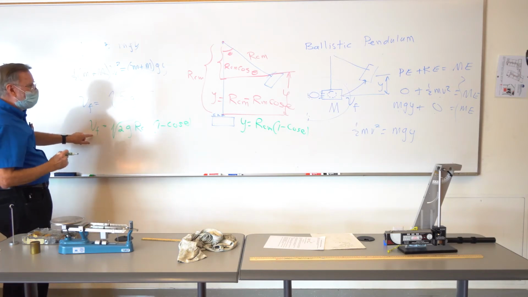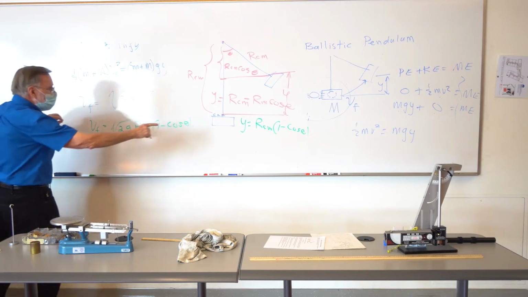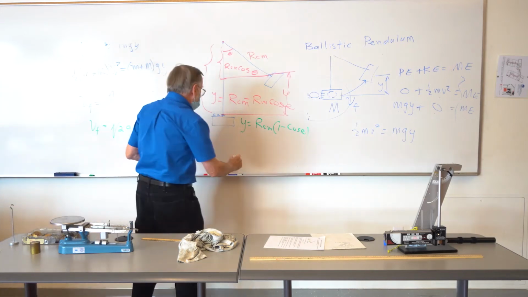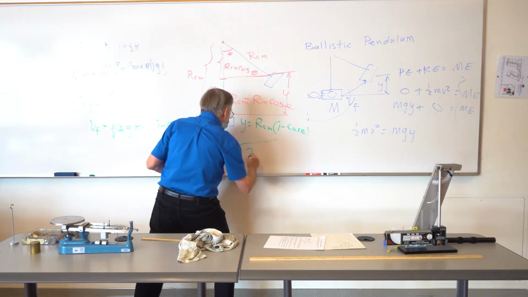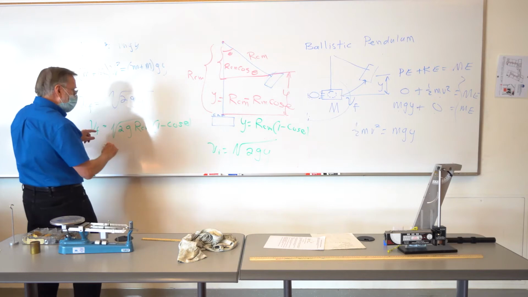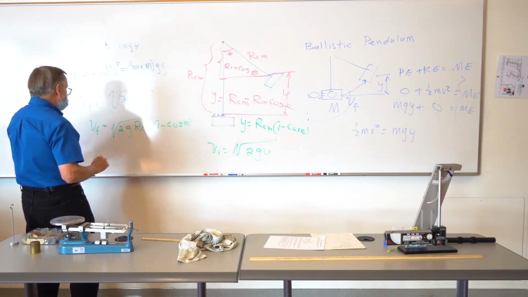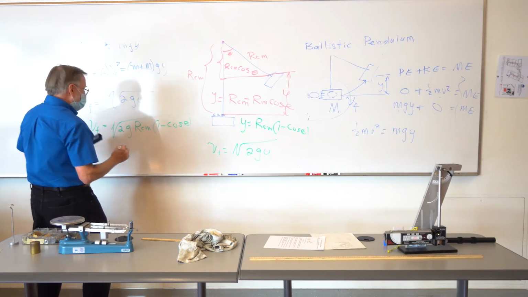All right, but what we really want is v initial. We have written here before, v initial equals the square root of 2gy. So we're just going to take this. Oh, we already did that.